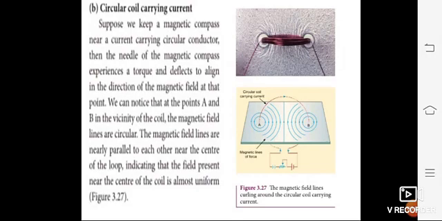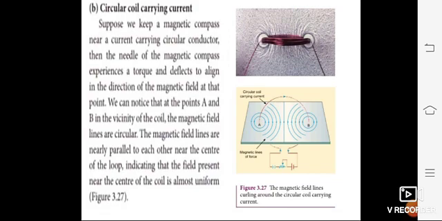Students, next I am going to teach the magnetic effect of electric current in a circular coil. Suppose we keep a magnetic compass near a current carrying circular conductor, then the needle of the magnetic compass experiences a torque and deflects to align in the direction of the magnetic field at the point.